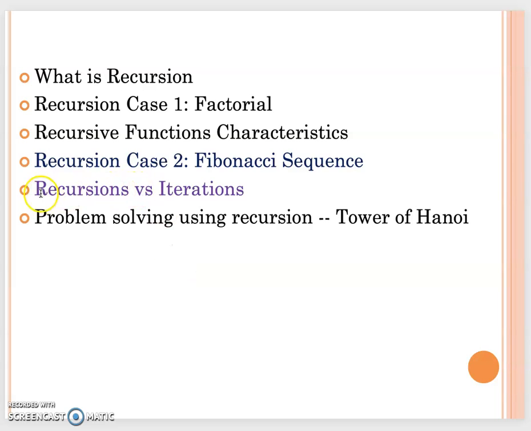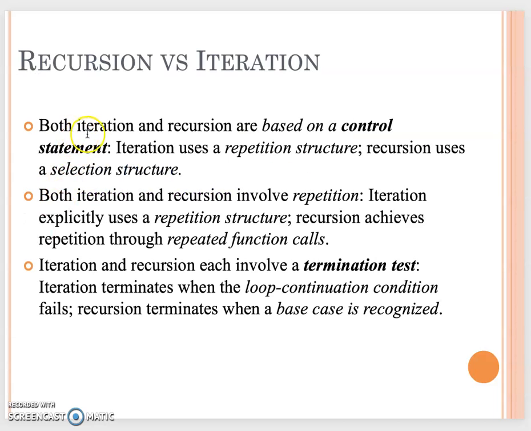What we want to talk about in this video is that sometimes a problem can be solved by both recursion and iteration, so we want to compare the difference between recursion and iteration. The first thing you can see is that both iteration and recursion are based on a control statement. Iteration uses a repetition structure, that's your for loop.